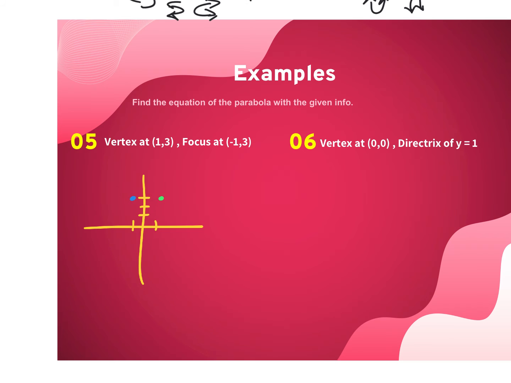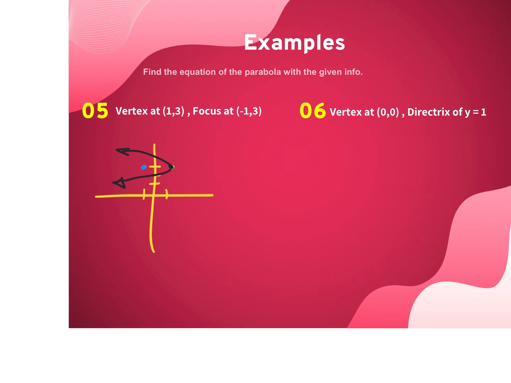So my focus is right here. Remember, the parabola always surrounds the focus. So this is the backward c. So this tells me I'm going to be using the equation y minus k squared equals 4p x minus h.